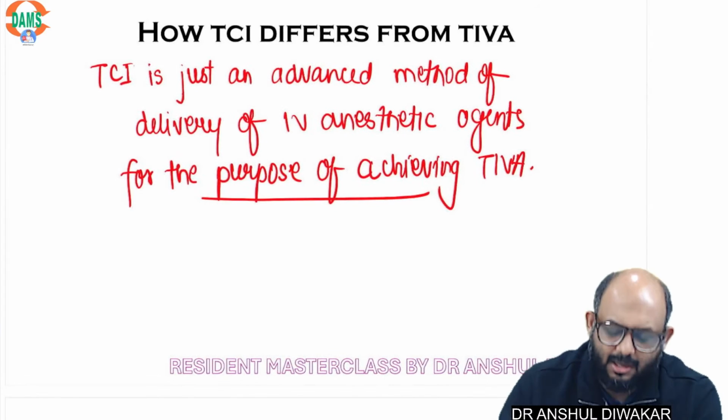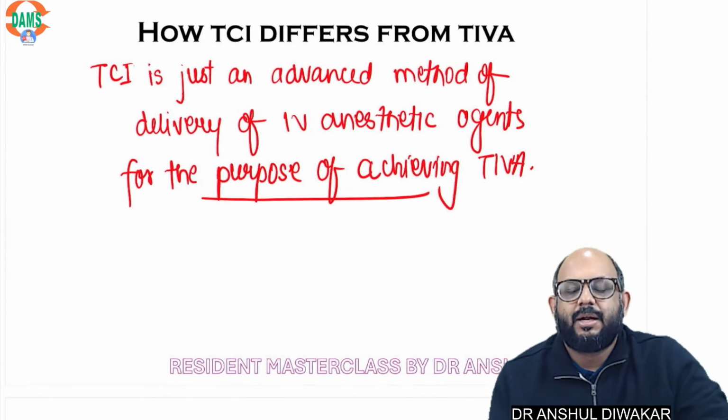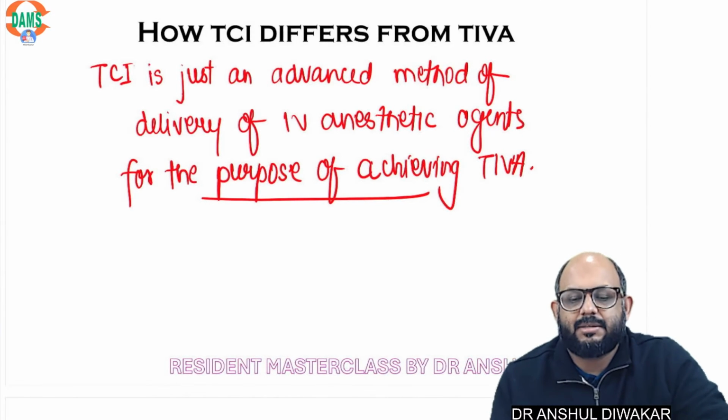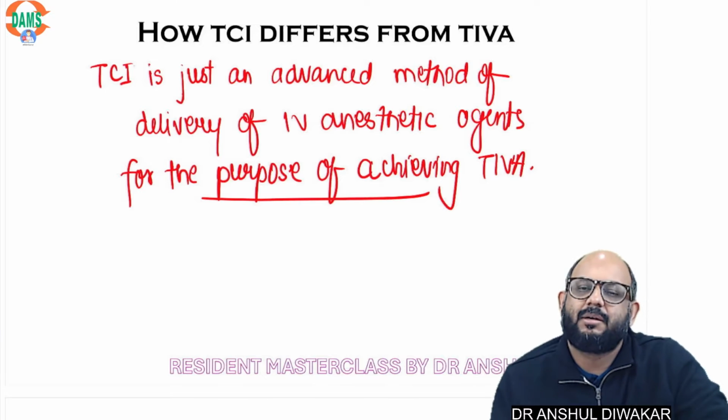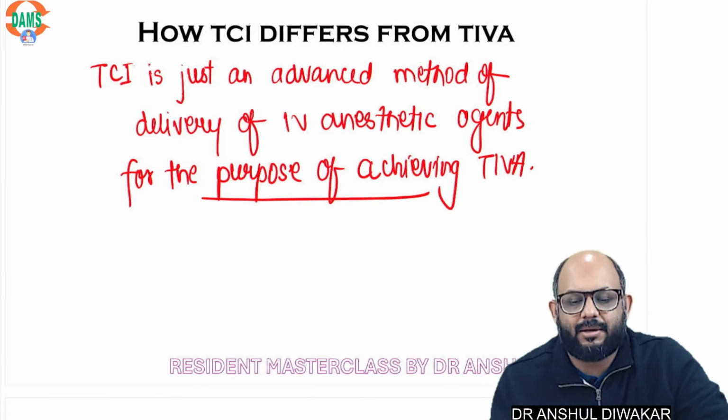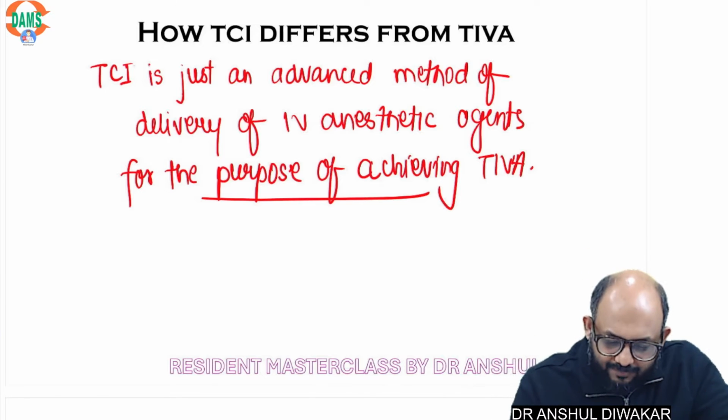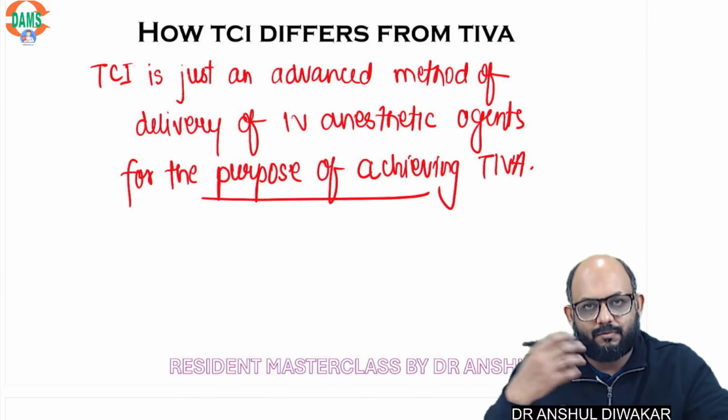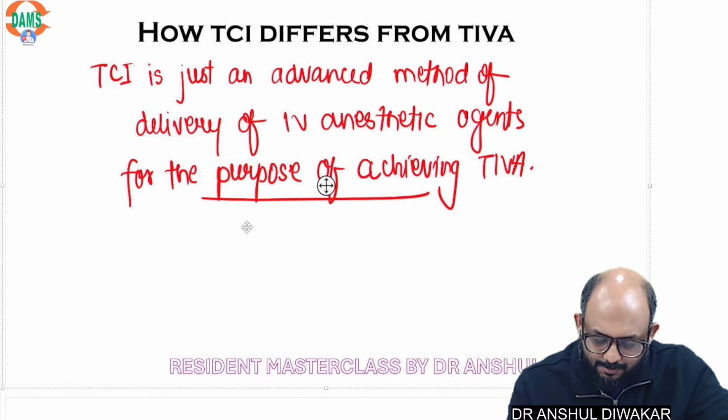TCI is just an advanced method of delivery of IV anesthetic agents for the purpose of achieving TIVA. That is the difference between TIVA and TCI. Now, it differs from TIVA with a manual infusion in two aspects.